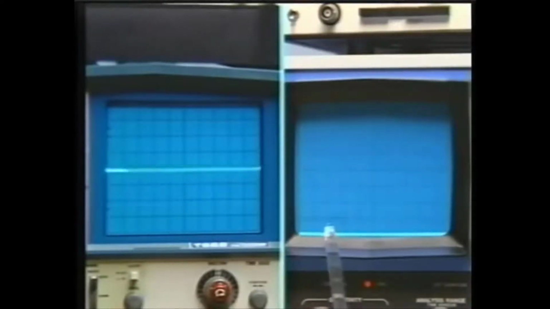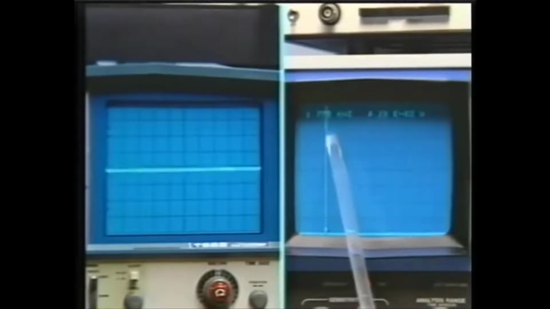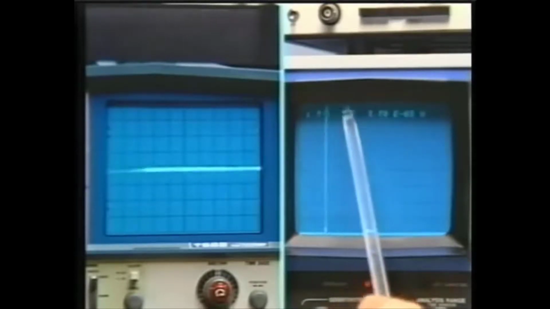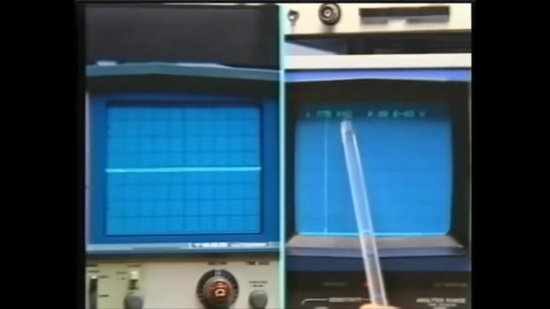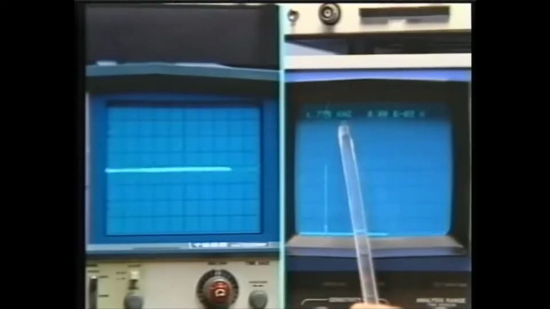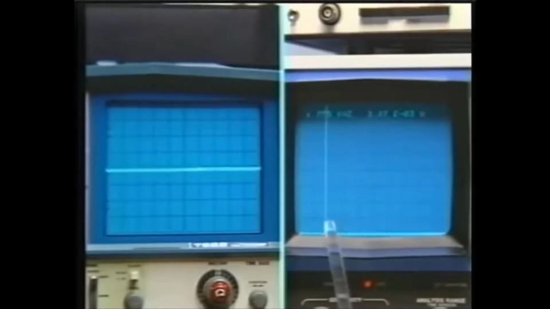Here is the first spectral line, and we can see where that is by setting up the cursor, and magically once again I have the cursor positioned in just the right spot. The first spectral line is at 1.775 kilohertz. And so this is the spectrum of the original glockenspiel note.